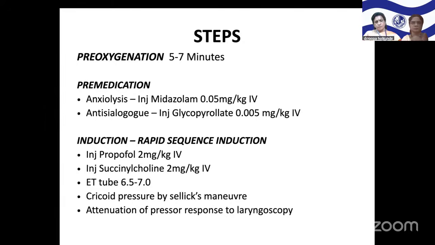Ma'am, there are a few techniques we can use for tackling hypoxia because of the shortened apneic period in pregnancy. One of them is THRIVE. It is transnasal humidified rapid insufflation of ventilatory exchange, ma'am.